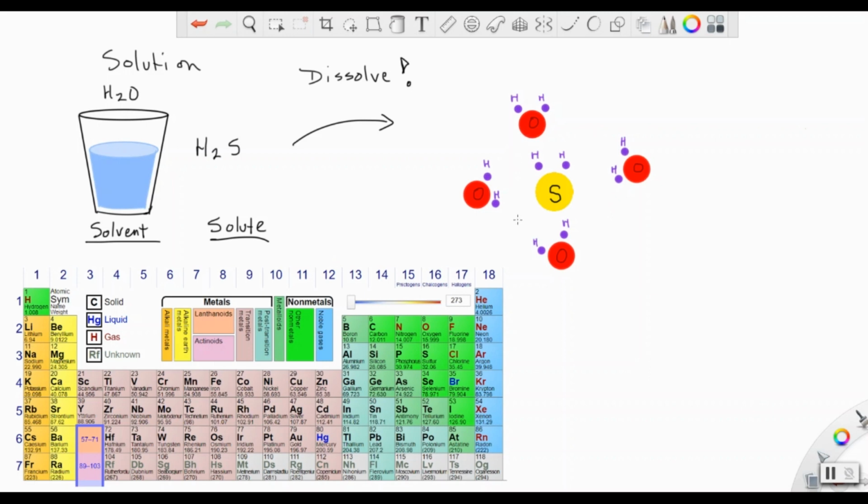When we introduce this hydrogen sulfide into the water, an interesting thing occurs. This sulfur has the ability to interact with some of these water molecules, and it'll actually attempt to make a molecule that looks like this.